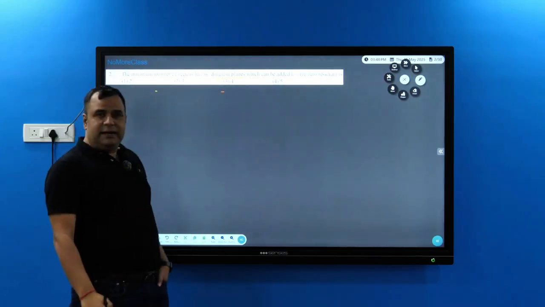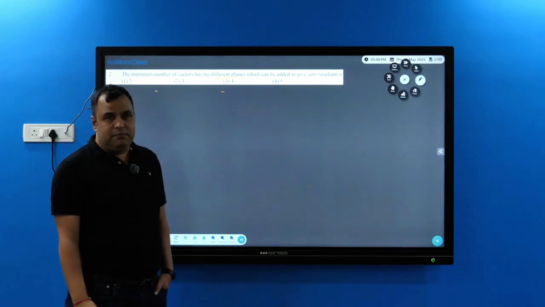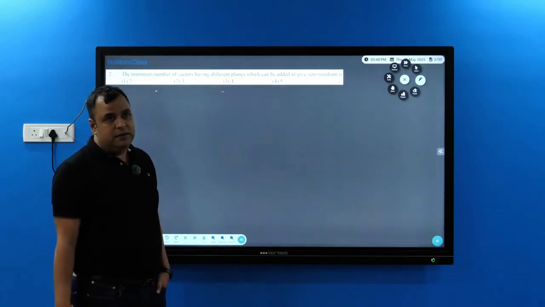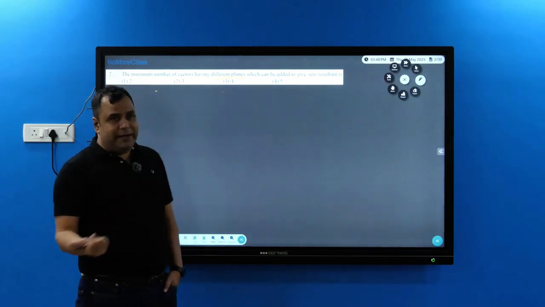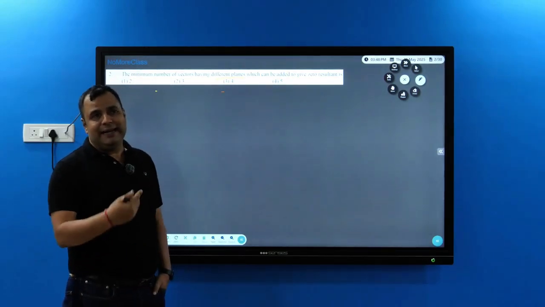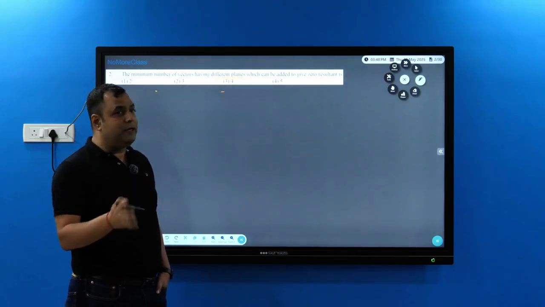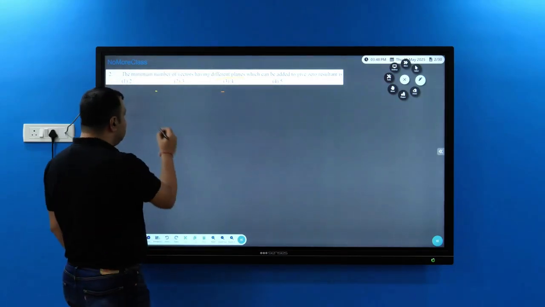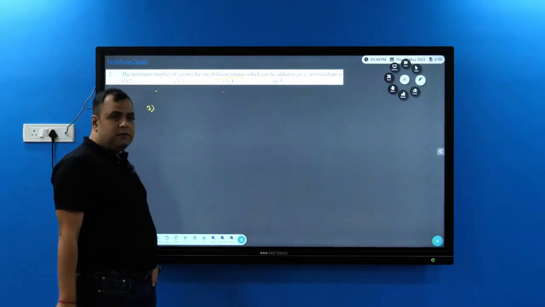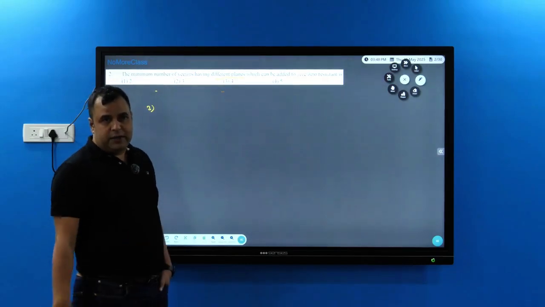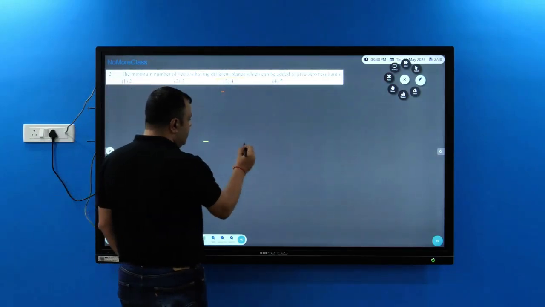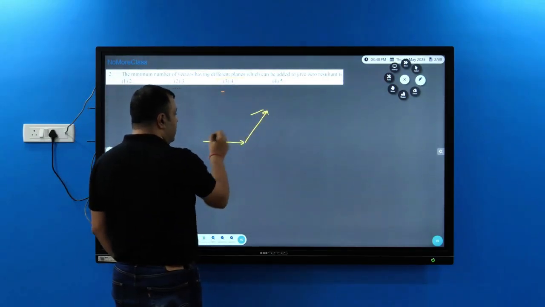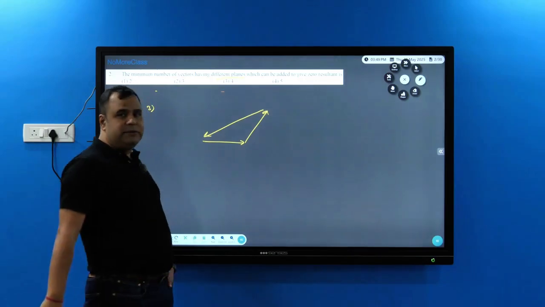If they don't say different plane, but say different line, then I cannot take A and minus A. In that case, I can have vectors which are in the same plane, but not along the line. In that case, the answer will be 3. We'll go for the triangle law. In the triangle law, if this is one vector and this is another vector and this is another vector, the result can become 0.